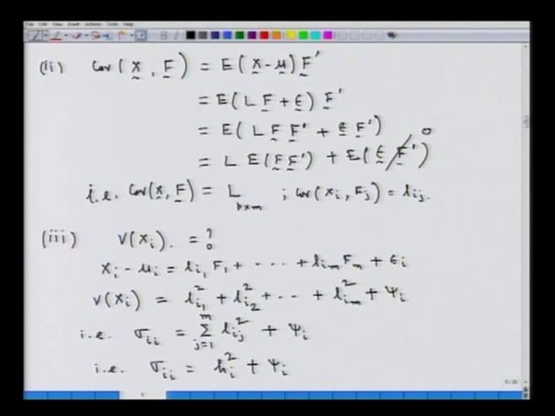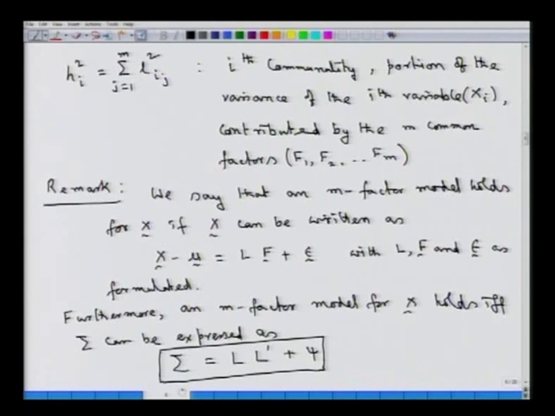Dividing by the standard deviation of xi gives the correlation between xi and fj, because the variances of f1, f2, fm are all equal to 1. Hence Lij divided by root over sigma ii represents the correlation between xi and fj. Those are the things that would be useful when we are checking whether an m factor model holds for a particular random vector x or not.